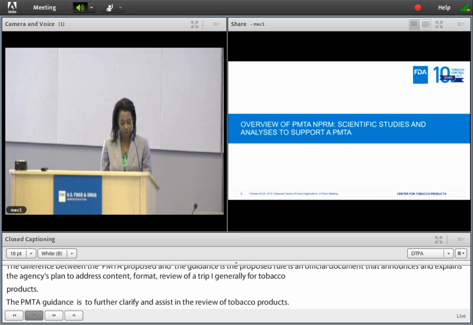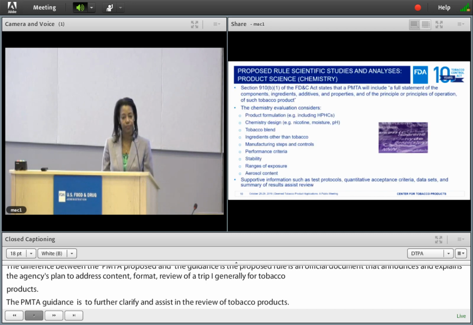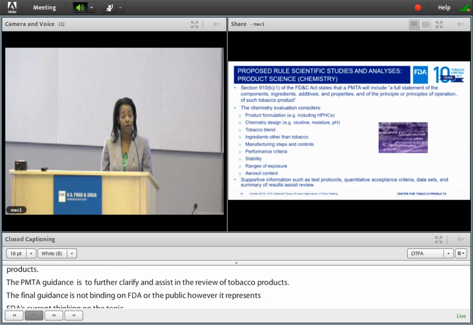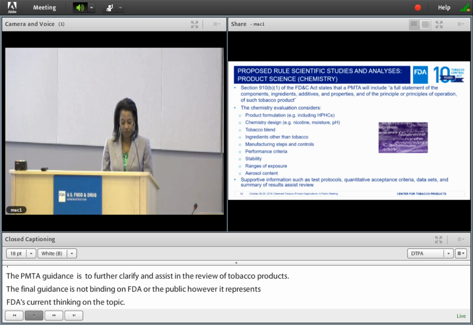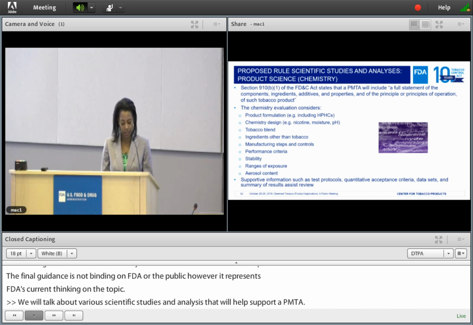So let's move on to talking about various scientific studies and analyses that are helpful to support a PMTA. First, it is important for the FDA to understand what the proposed product is and how it works. To understand what the product is, information relating to the product's parts is useful, what it is made from, and how it is manufactured.